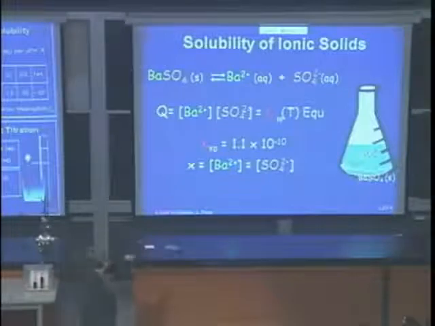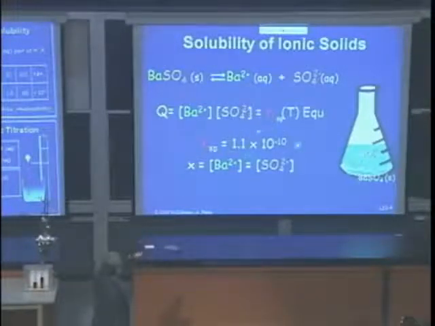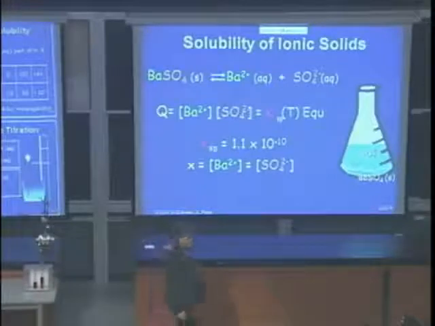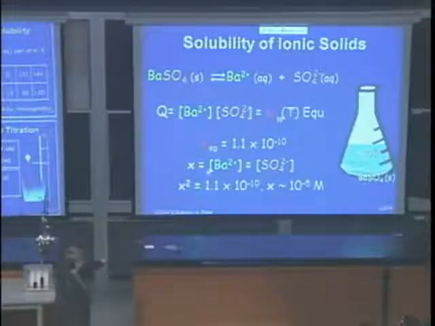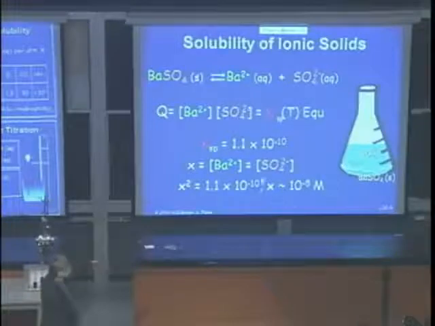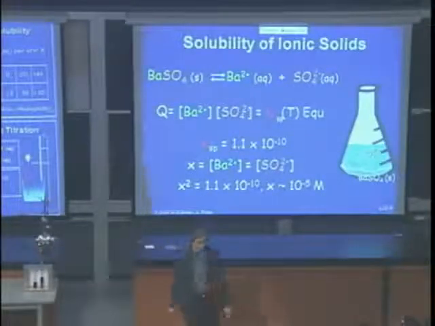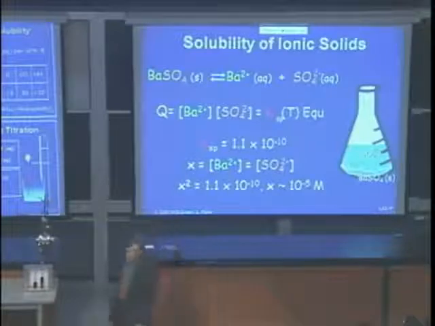That's this concentration times this concentration is 1.1 times 10 to the minus 10. So what do you think the concentration of barium or of sulfate by itself is? It's the square root of it, okay? X squared is 1.1 times 10 to the minus 10, and I take the square root, then I get just that concentration here. So it's about 10 to the minus 5 molar. This is not very high at 25 degrees. It's a very low concentration, 10 to the minus 5 molar.